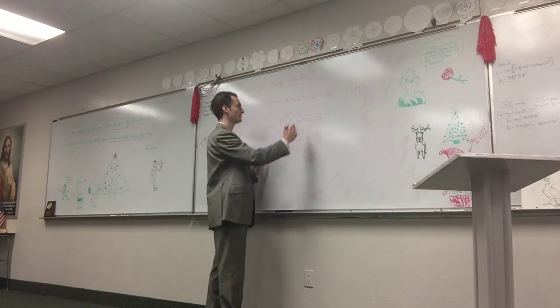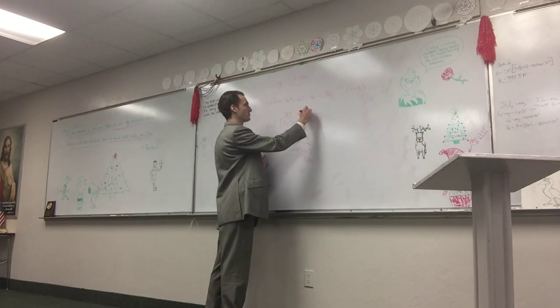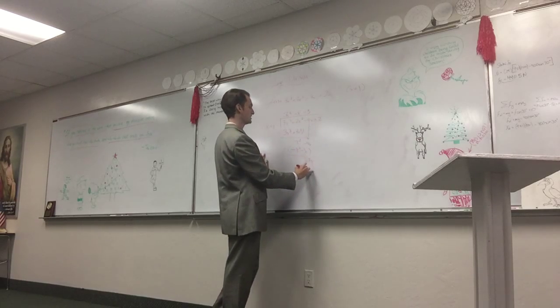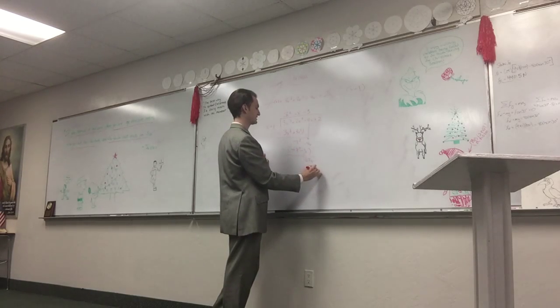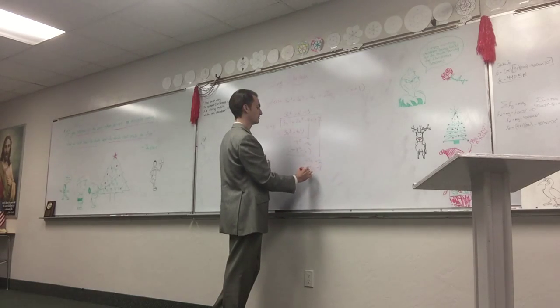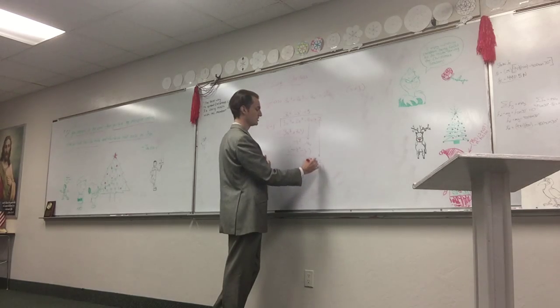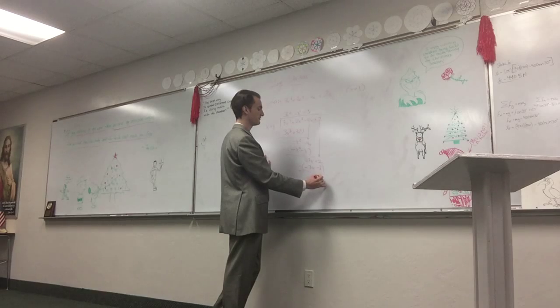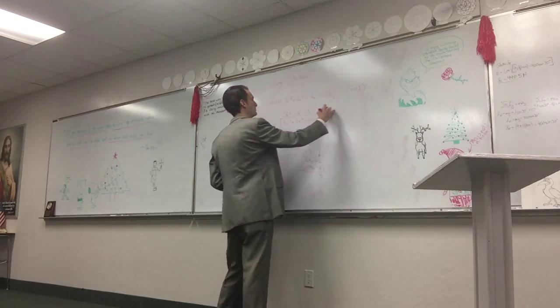What do I multiply this by to get negative 3x? Negative 3, right? And I get negative 3x minus 3. Subtract: that's 0. 2 plus 3 is 5. So I have remainder 5, right?